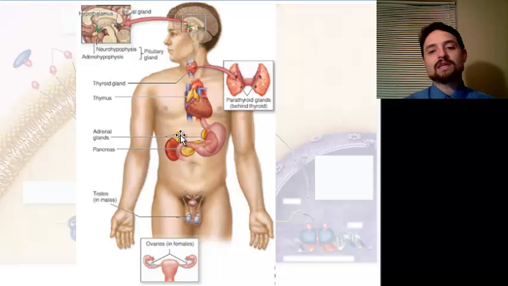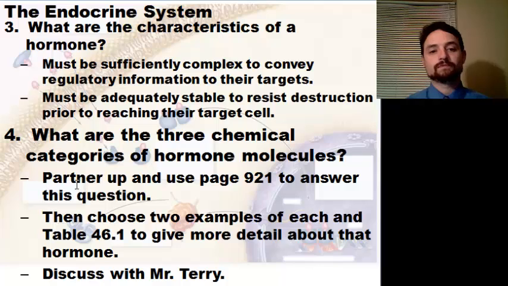Right on top of the kidneys, you have the adrenal glands. Right there with the stomach, you have the pancreas. We've talked about the pancreas some. We'll talk about it more. In males, the testes, and then in females, the ovaries. And those are the primary organs that we'll talk about with the endocrine system.